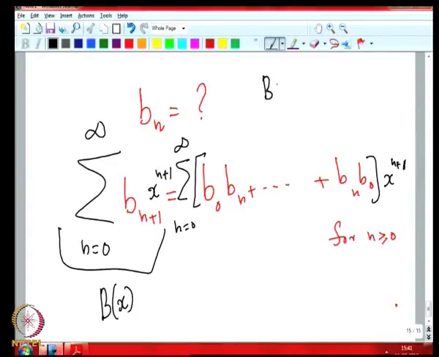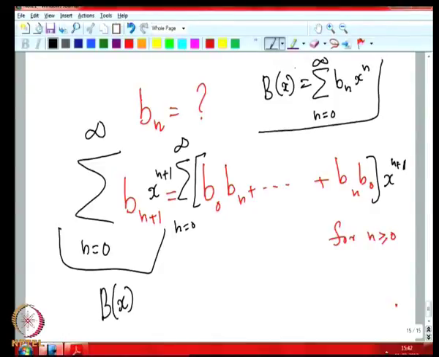So, let us define b of x equal to sigma n equal to 0 to infinity b n x raised to n. Suppose this is the generating function for the sequence b0, b1, b2, b3, etc. So, this will be b of x minus, if you put n equal to 0, so this is from b1 x raised to 1 onwards only we have.